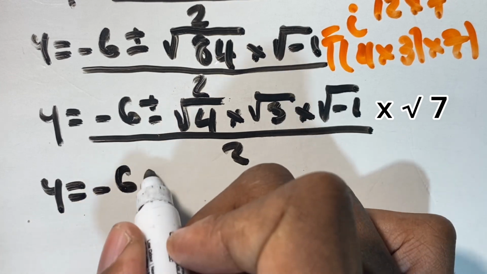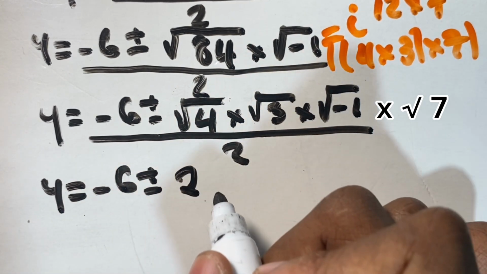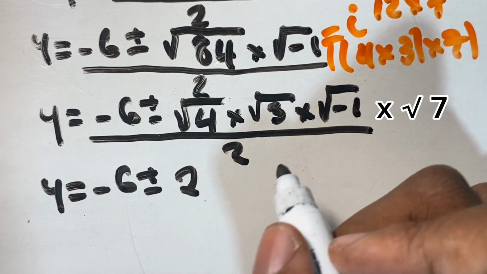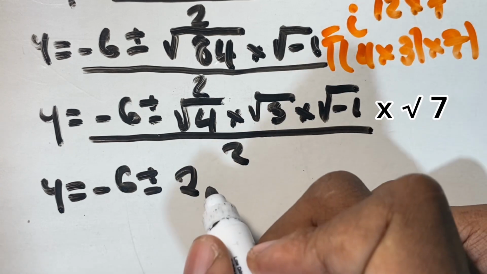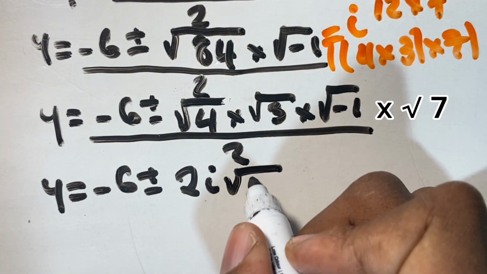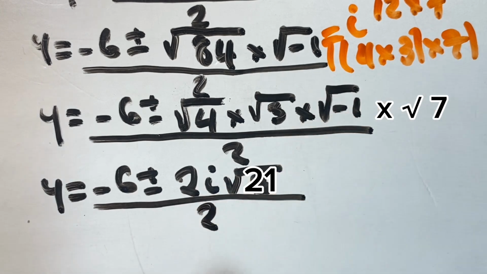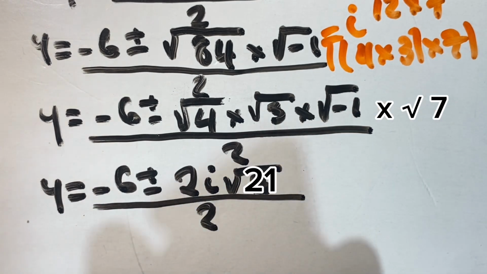So we would have y is equal to negative 6 plus or minus the square root of 4, which is going to be 2. So that's 2 times the square root of negative 1, which is i. So that's 2i times the square root of 3 times 7, which is the square root of 21. So that's all over 2.